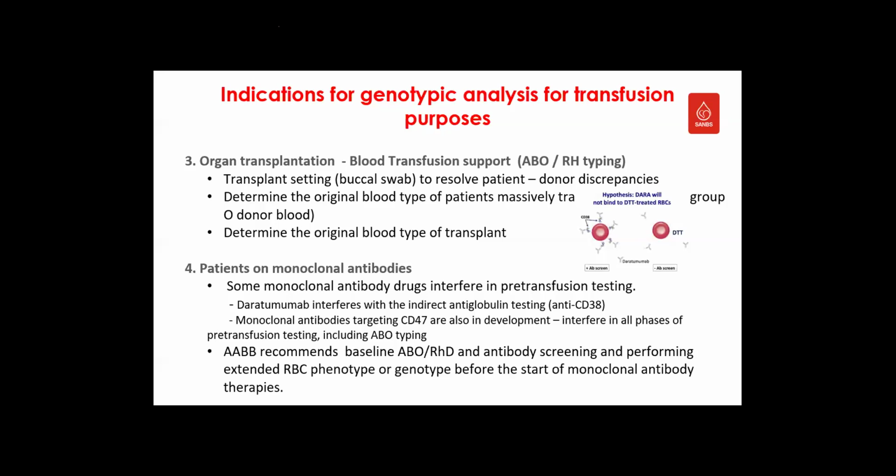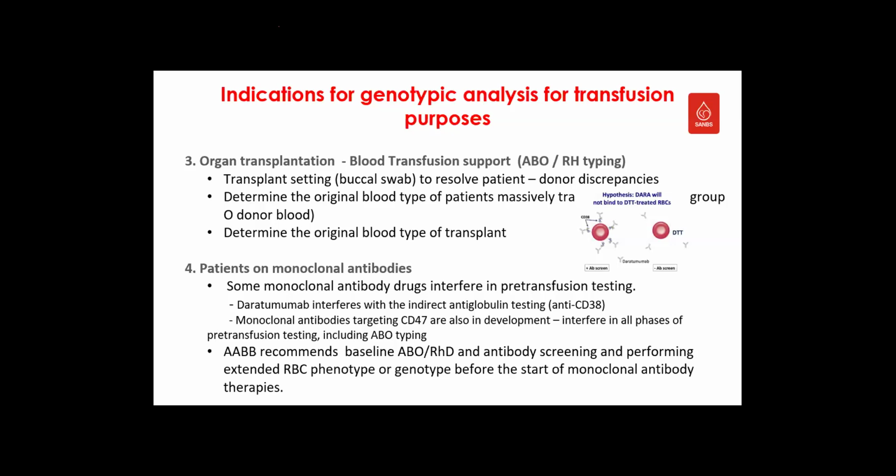And then fourthly, again in the same patient group as I've mentioned, patients on monoclonal antibodies. So this little picture shows you here that the monoclonal antibody therapies bind to the same markers, the CD38, or now with the new drugs, the CD47, and thereby prevent the serological reaction from happening.